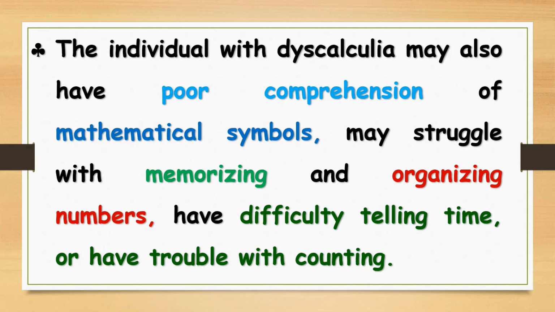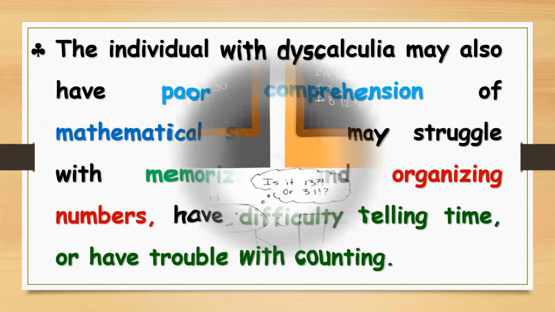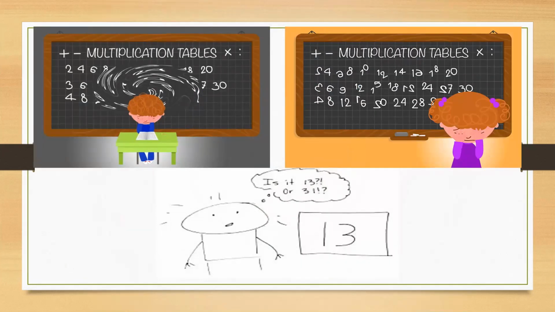Have trouble with counting. This is a typical example of a child with dyscalculia. Multiplication tables may change as such: 02 as 20, 41 as 14, 16 as 19. It happens.